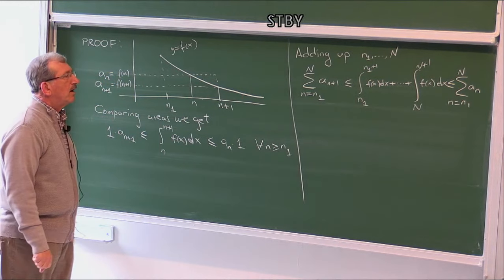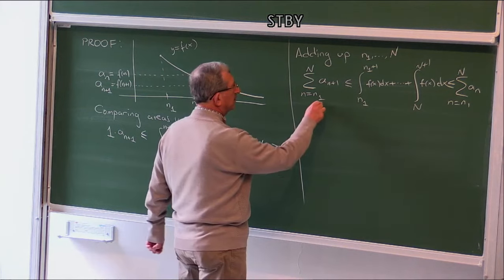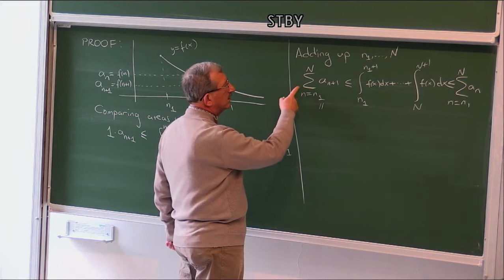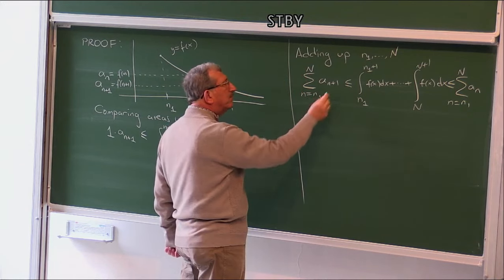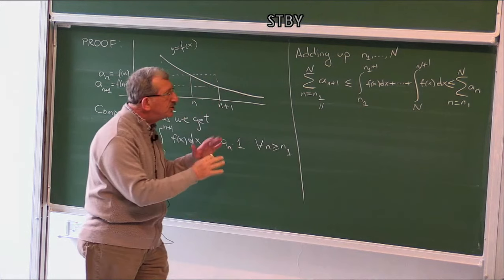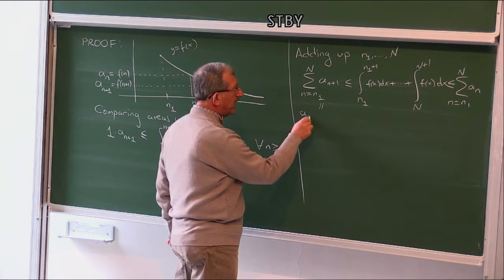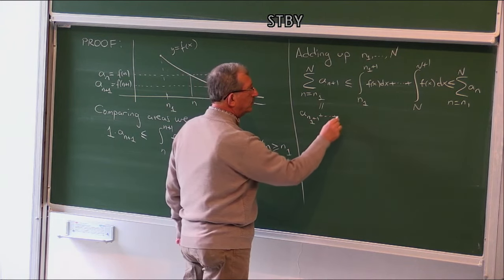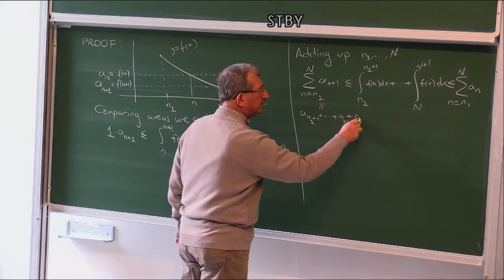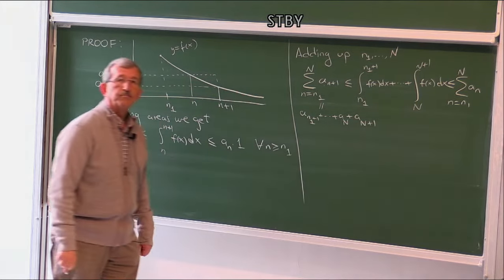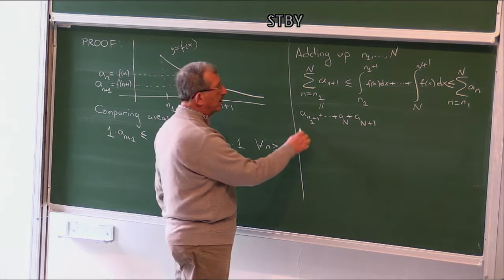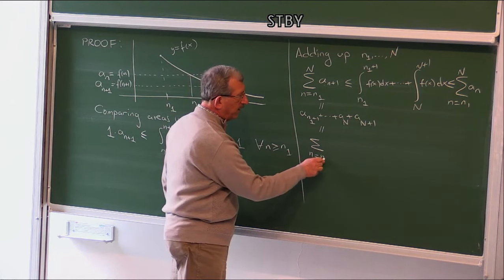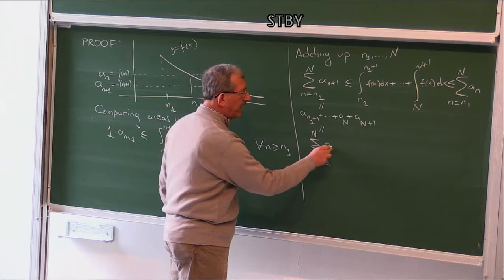Now, let us look at this more carefully. It is actually starting from n1 to N, but because of this n plus 1, everything is shifted a little bit. So it is a n1 plus 1 as the first term, continues up to a N plus 1, but there is an extra term. But now we can write this as the sum from n equals n1 to capital N of an.